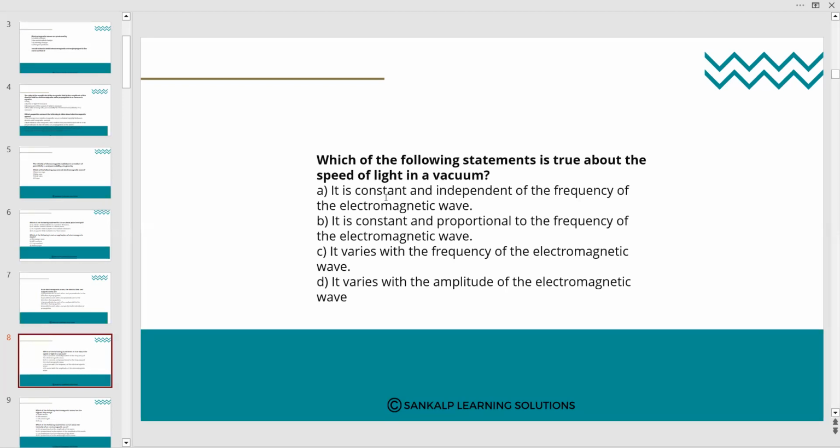So for the speed of light in vacuum, as we know, its value is constant, 3 into 10 to the power of 8 meter per second.